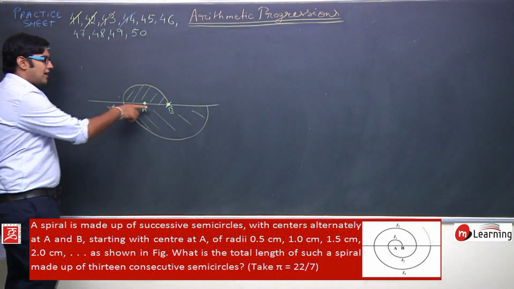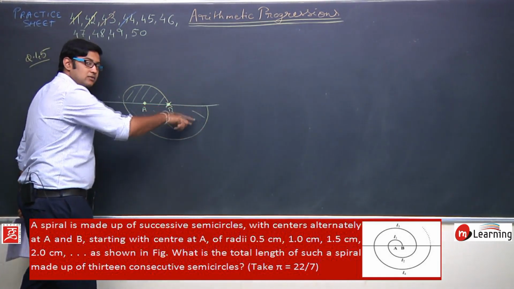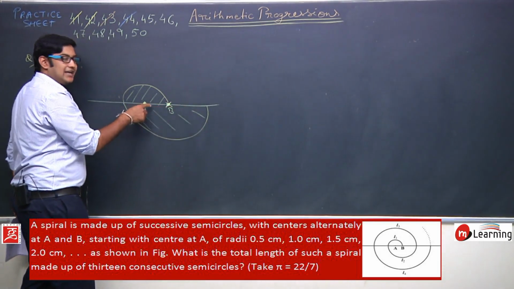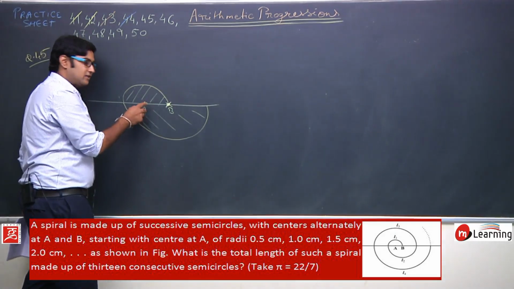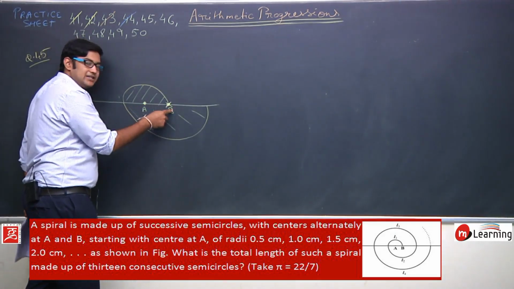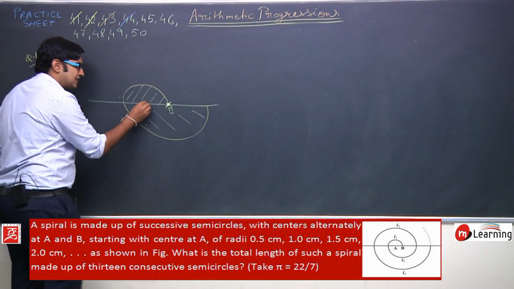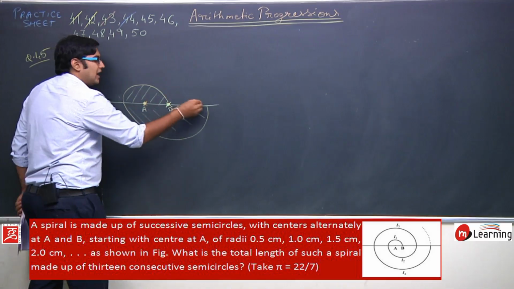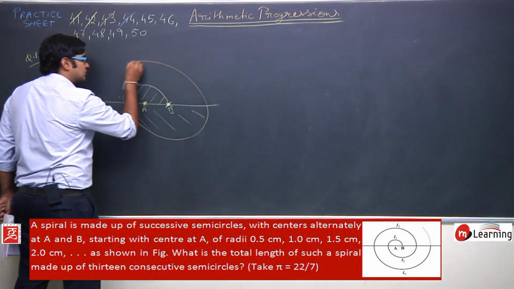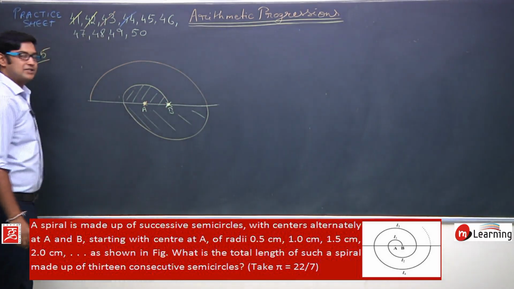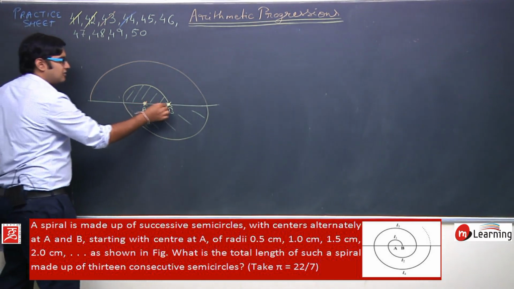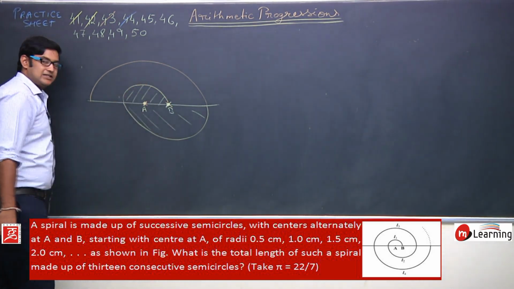Now after I have drawn this bigger semicircle, now I will take A as the center. I have taken first A as the center, then B as the center. Now I will take A as the center. So A will be my center, and from A I have drawn a semicircle like this. So this is a semicircle, and then after this I will take B again as the center.